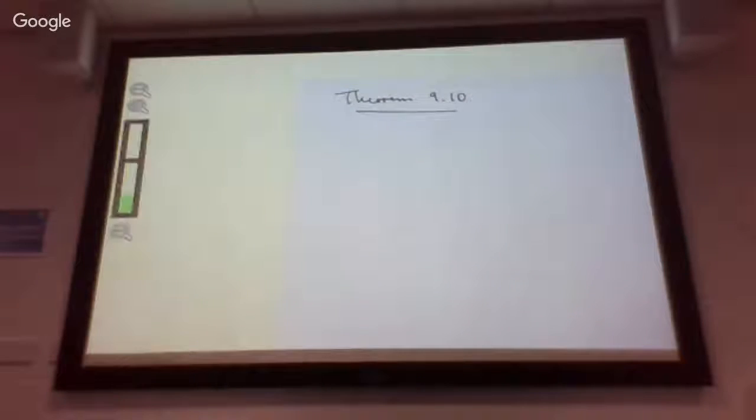Okay, the next one to look at is Theorem 9.10. And this just puts a bit of context on the idea of this isomorphism relation between groups. It says that isomorphism is an equivalence relation. Well, how do we prove this?